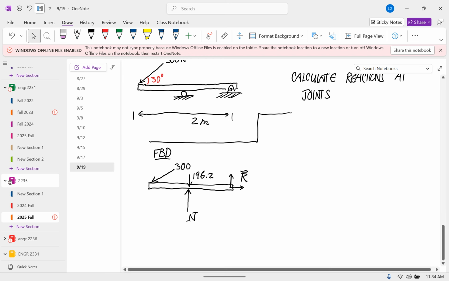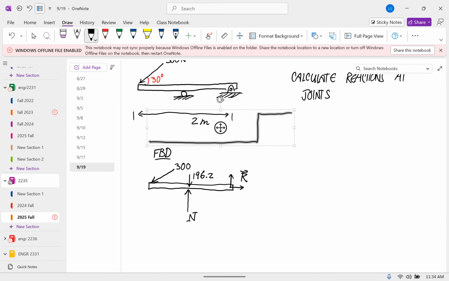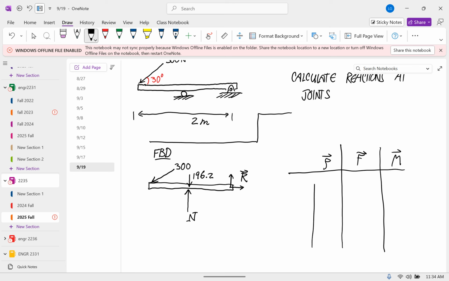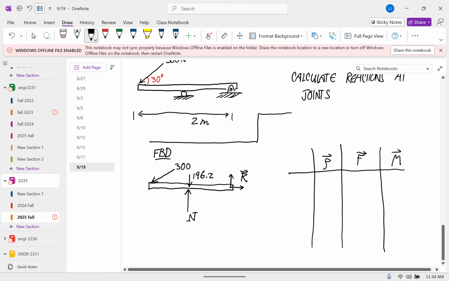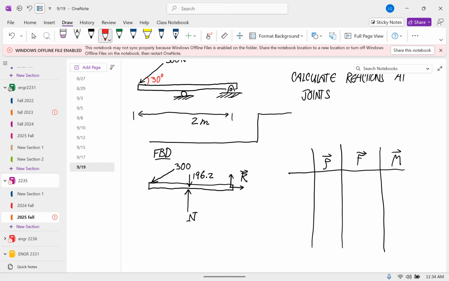Okay, so that's a complete free body diagram. So now rho, force, moment. And for the about point, I'm going to put it here. So I'll start with R. The row vector for that is 0.